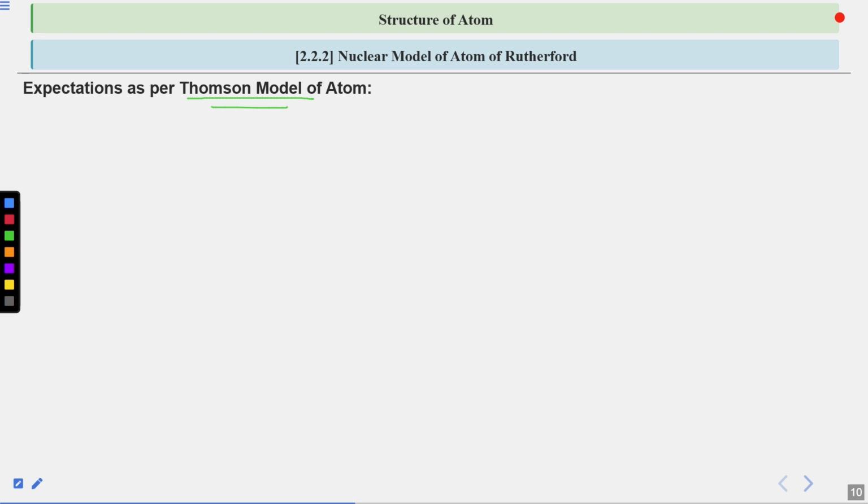So basically, after the emission of the alpha particles, they may hit the zinc sulfide plate directly without hitting the gold foil. It may be possible. So what we are doing with the lead plate is channelizing it. We are making a channel out of the whole rays of alpha particles, a small ray.